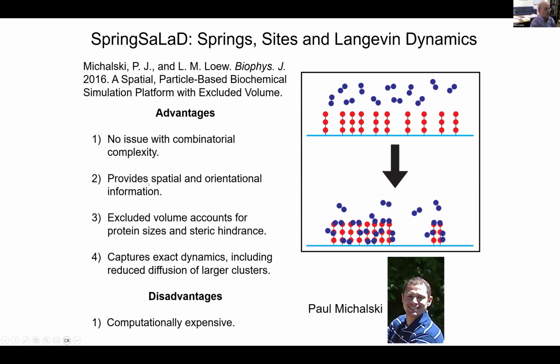The advantages are that it deals with combinatorial complexity. It provides spatial and orientational information. The coarse-grained molecules that make this up account for excluded volumes, protein sizes, and steric hindrance. So there is some similarity to doing molecular dynamics type simulations.